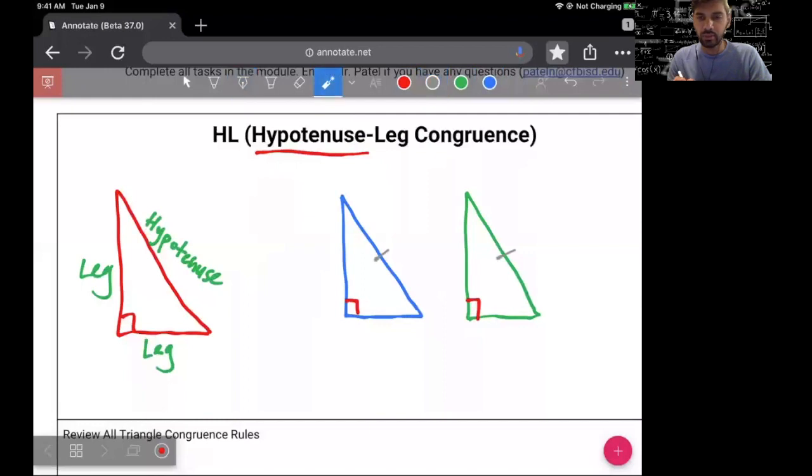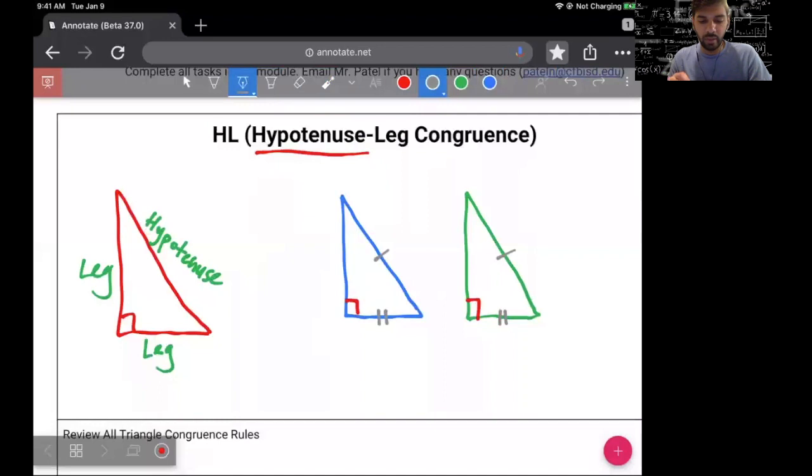So the hypotenuse, you see here, I've marked they're the same length. And you also notice they mark another leg, for example, this bottom leg right here, on both of them that they're the same length. So if I see both of these marked on each of the right triangles, then I can say that by hypotenuse-leg, by HL, the two triangles are congruent.